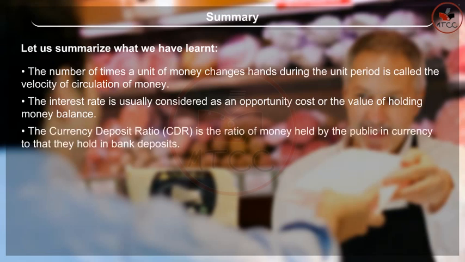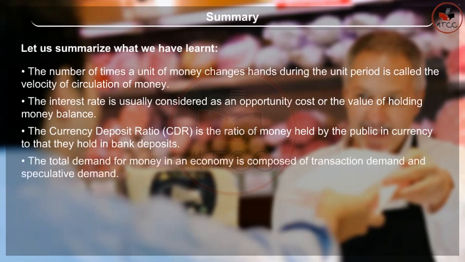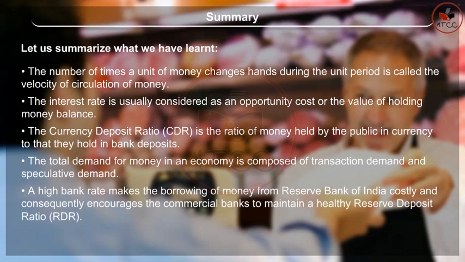The currency deposit ratio or CDR is the ratio of money held by the public in currency to that they hold in bank deposits. The total demand for money in an economy is composed of transaction demand and speculative demand. A high bank rate makes the borrowing of money from the Reserve Bank of India costly and consequently encourages the commercial banks to maintain a healthy reserve deposit ratio, RDR.